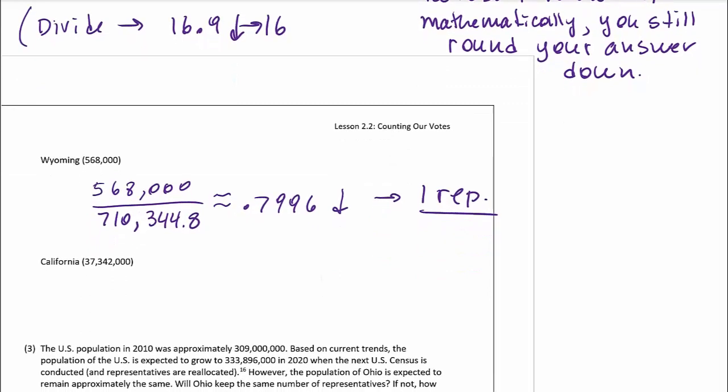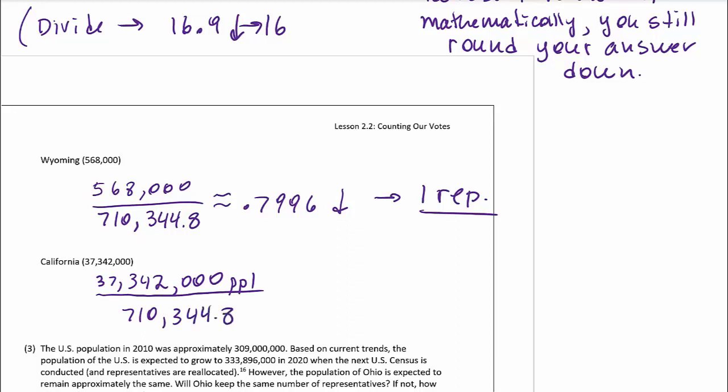Well, California has much more than 700,000 people. It has 37 million. So go ahead and take a moment and calculate how many representatives California would get, and then we'll review. All right, so let's divide 37,342,000 people by the representation rate.